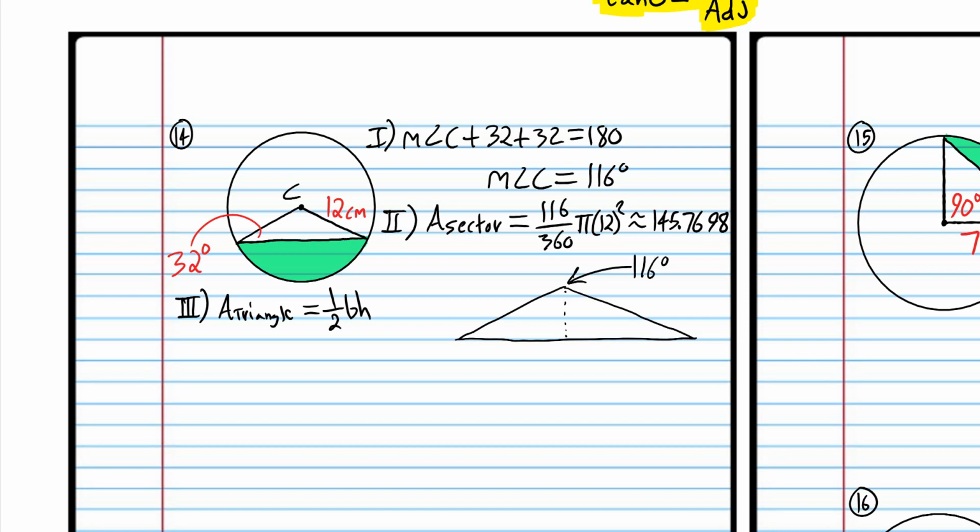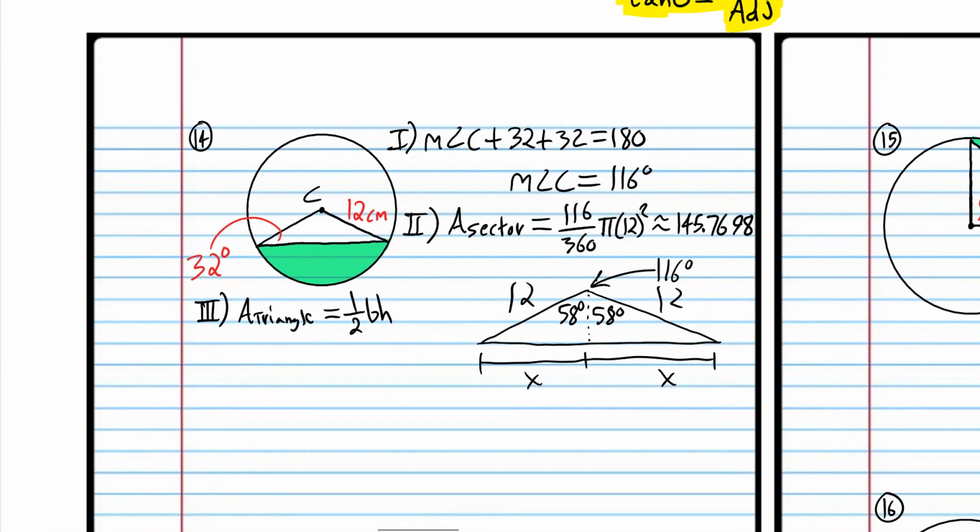Divide it in 2. 116 divided by 2 is 58. So each of these angles is 58. And 12, 12. That's supposed to be an isosceles triangle. It doesn't really look like it, but you get the point.